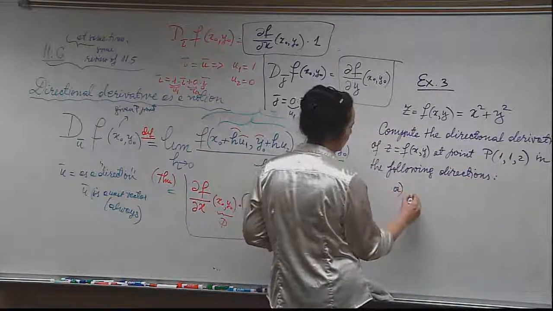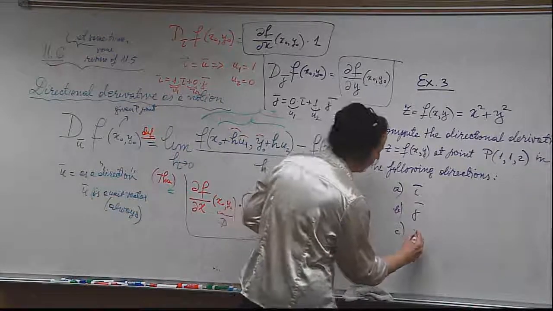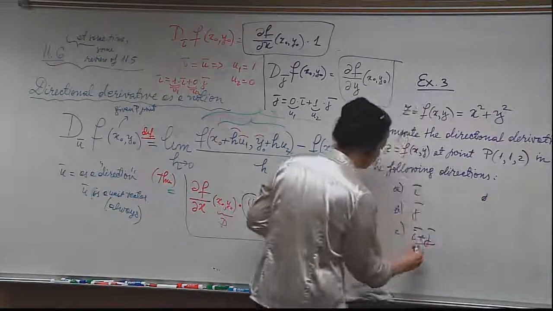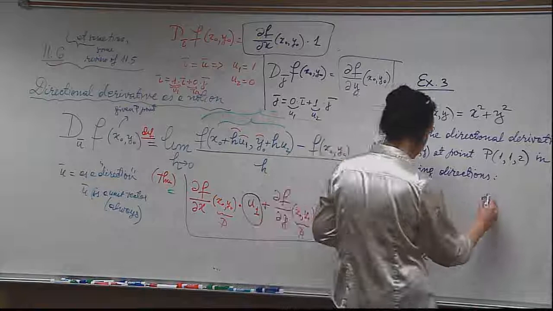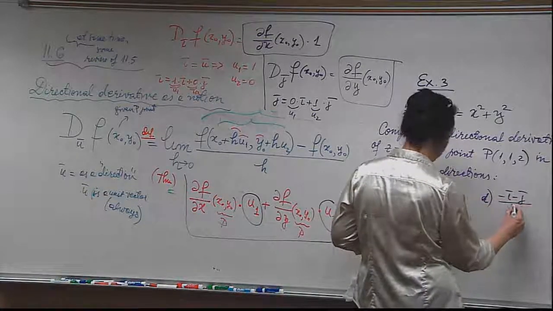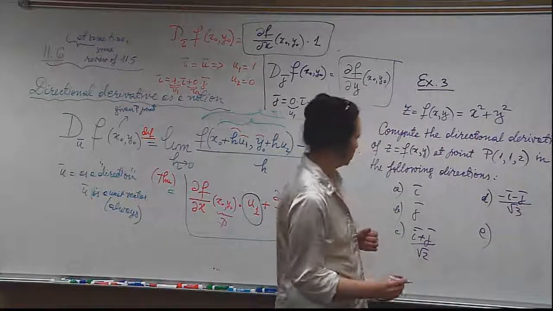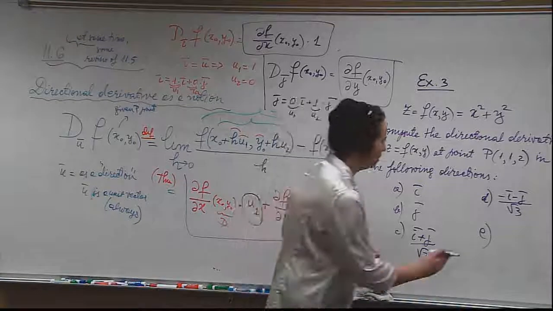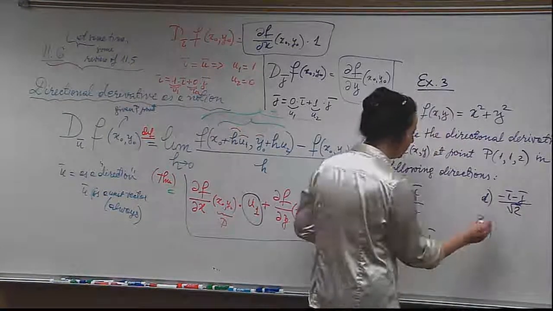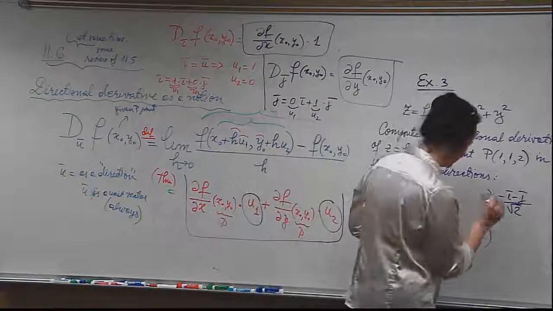A, i. B, j. C, i plus j. D, i plus j over square root of 2, sorry, D, the opposite, minus i minus j over square root of 2, and E, square root of 3. You wrote a square root of 3? I wrote square root of 3. Thank you guys, thanks for being vigilant. Always keep an eye on me, because I'm full of surprises, good and bad, I'm just kidding.